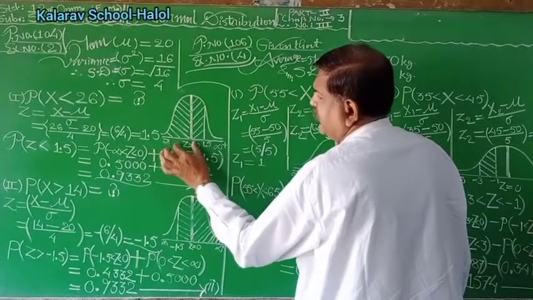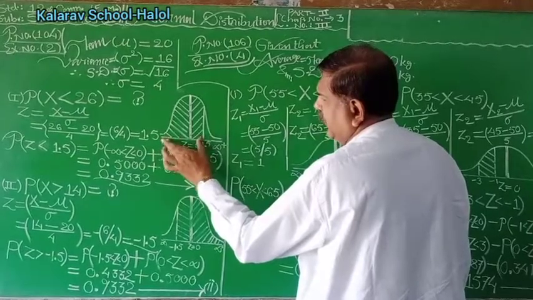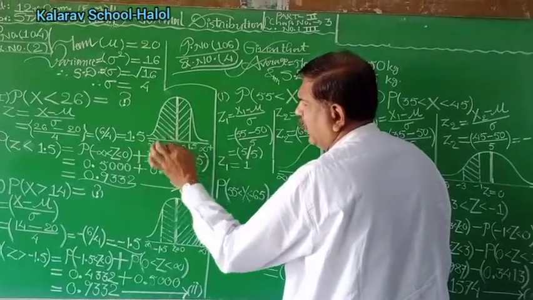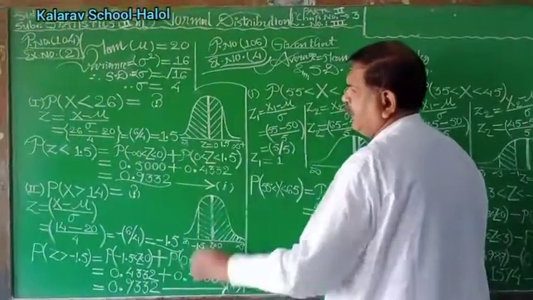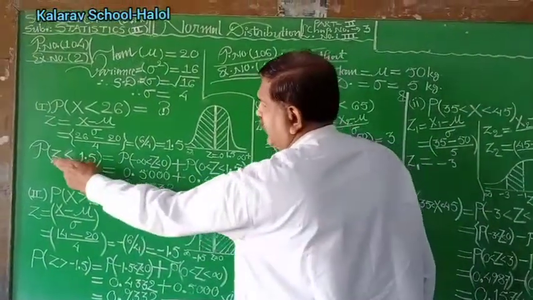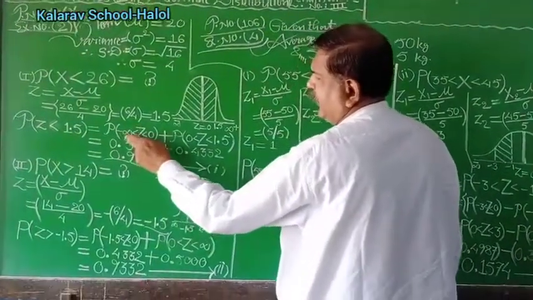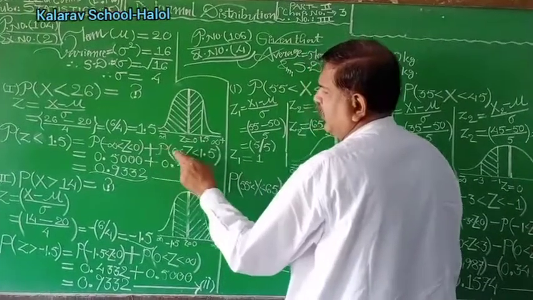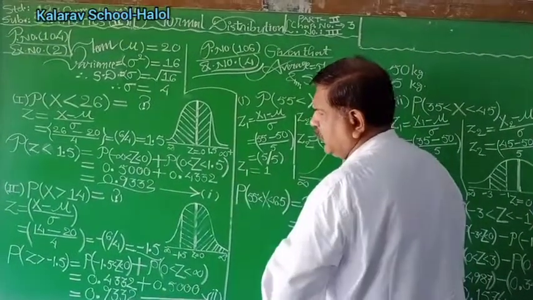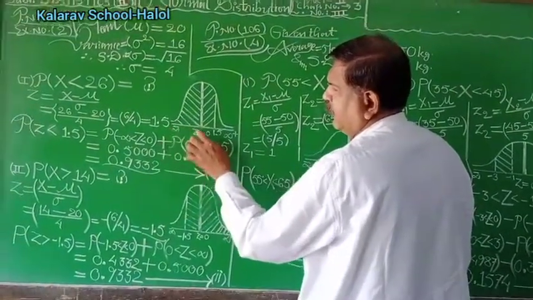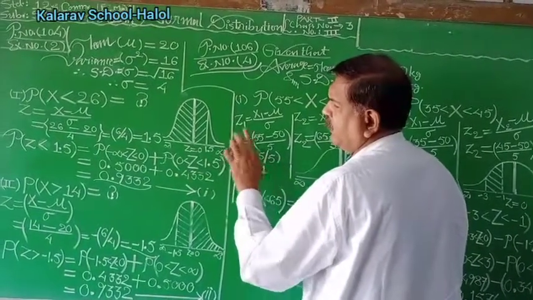All this area is the required probability or required region, the shaded part, right? Z less than 1.5 means minus infinity to 0 and 0 to 1.5. But we know that the area from minus infinity to 0 and from 0 to infinity will be the same.